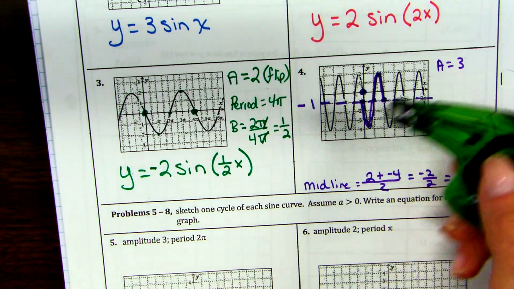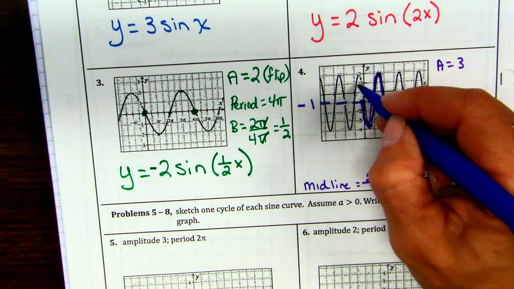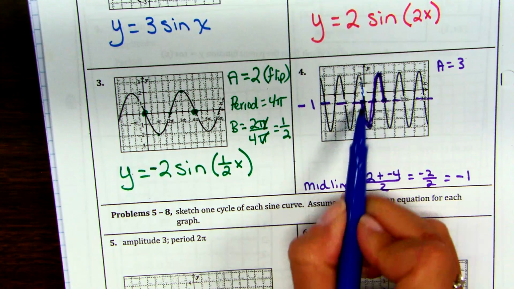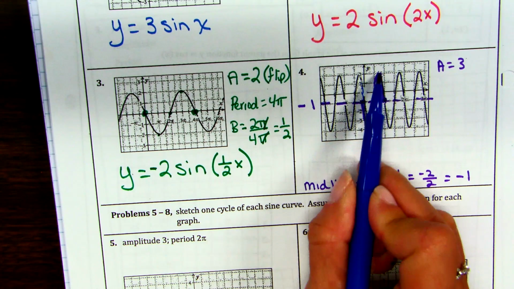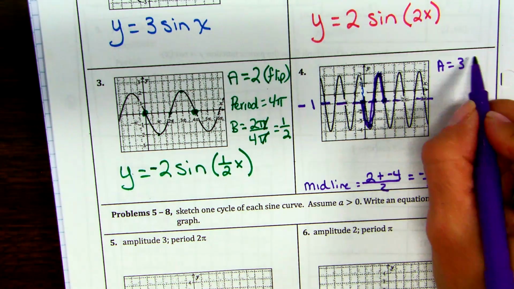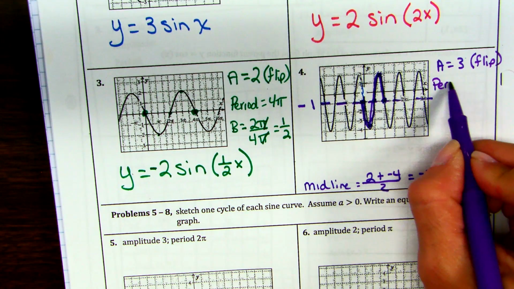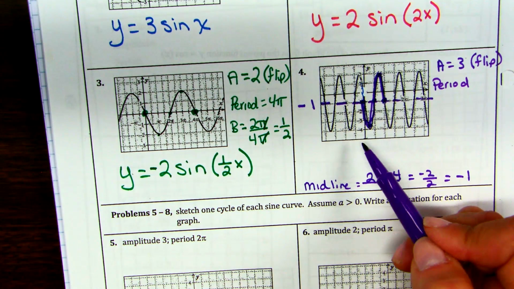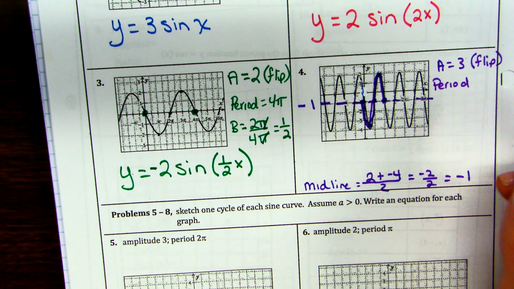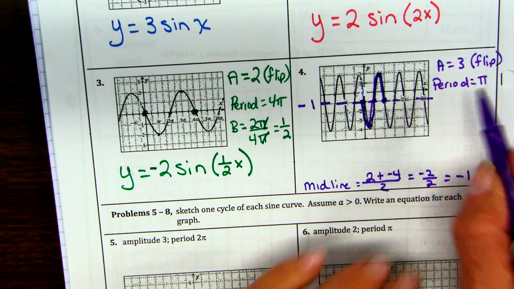So middle, down, middle, up, middle. Start and end at the same place. So first of all, yes, that's a flip because it goes down. And then my period is hard to see. That is pi. 5 points from 0 to pi.